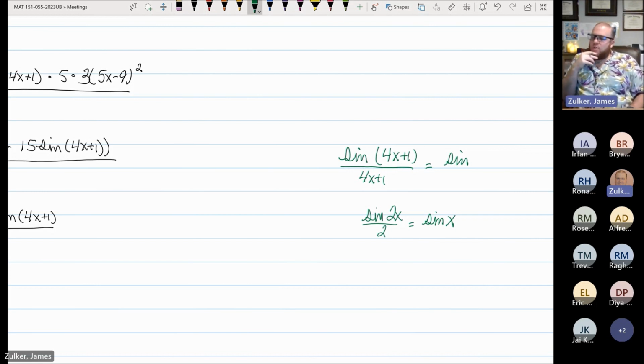Right. So remember sine, cosine, all of the trig functions, right? They're functions. Think of them like operators. So this is sine operating on 4x plus 1. It's not sine times 4x plus 1, right? Just sine, S-I-N, does not make sense. Right? And you can't just factor out either, right? You can't say sine of 2x is 2 times sine of x. It doesn't work that way.